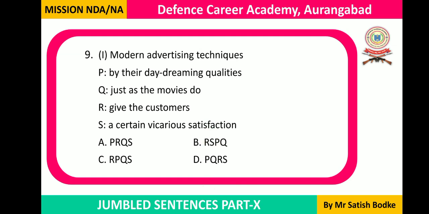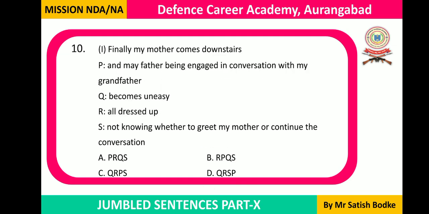Now let's go to the last question in today's session. It's quite a lengthy question, and again there are 5 parts of the sentence. The sentence starts with, finally my mother comes downstairs. Finally my mother comes downstairs all dressed up.